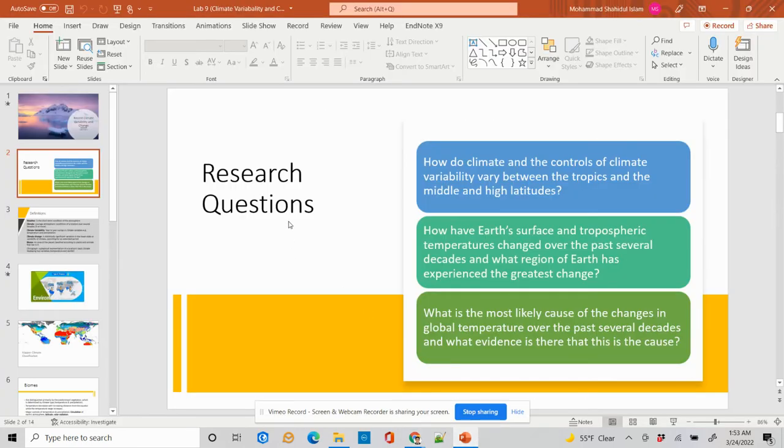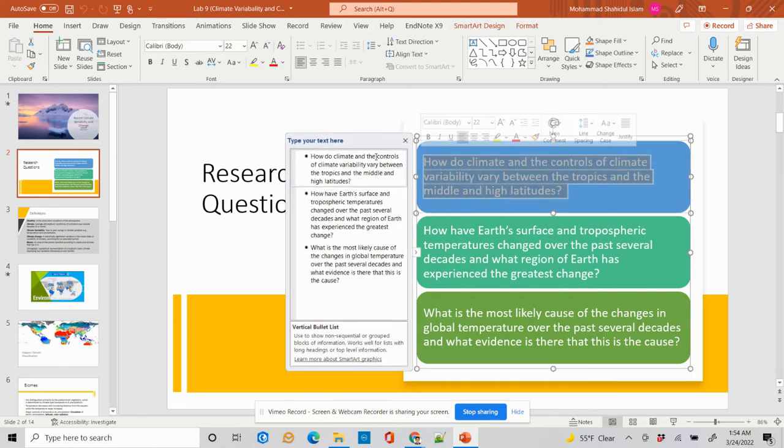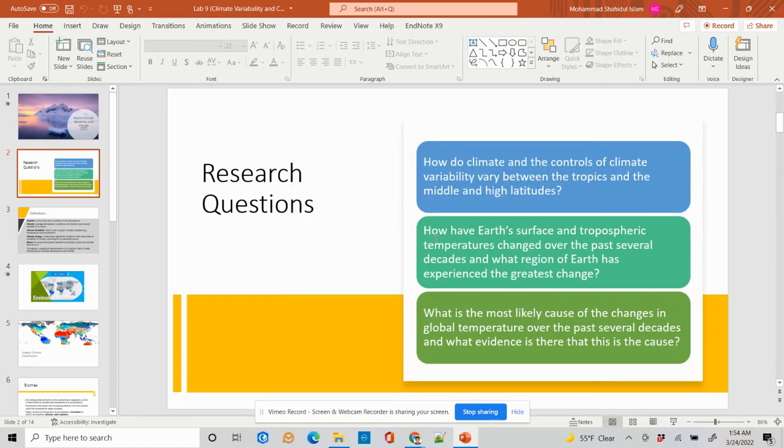So the thing that I'm talking about is the difference in the equatorial region as well as in the polar region. You will be introduced to those concepts in question one, and then if you look at question two, how have Earth's surface and tropospheric temperatures changed over the past several decades?